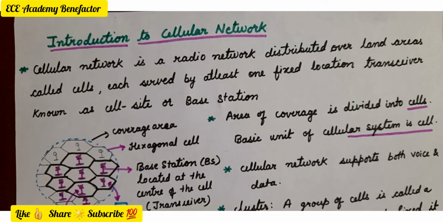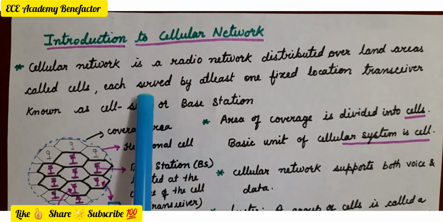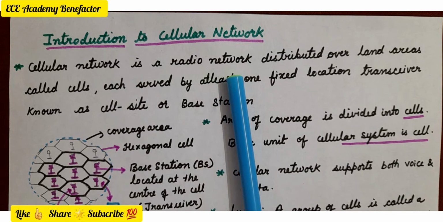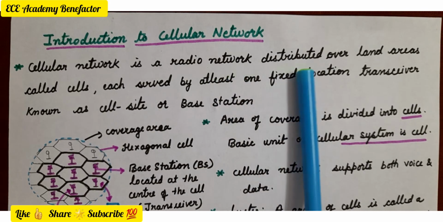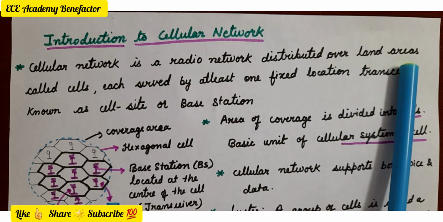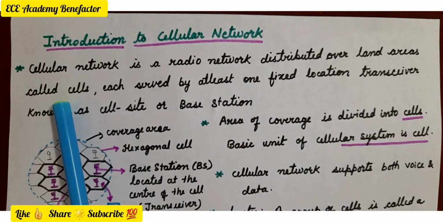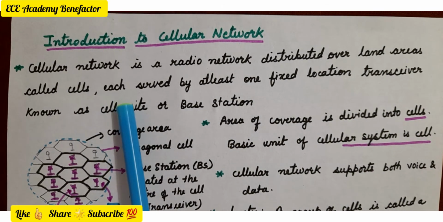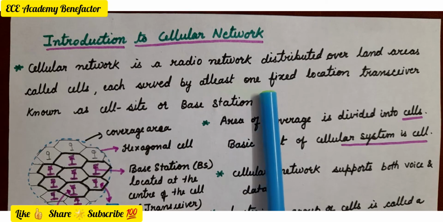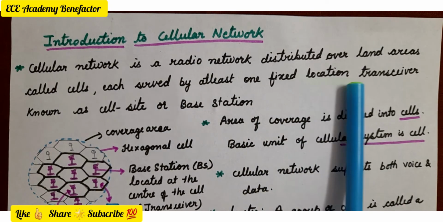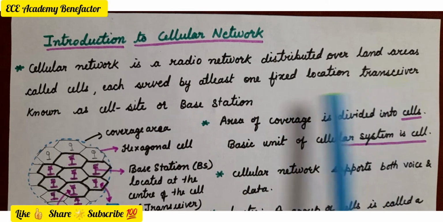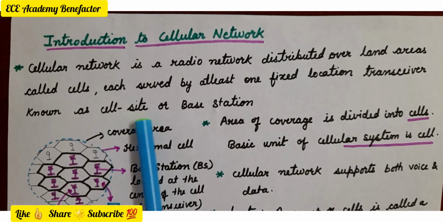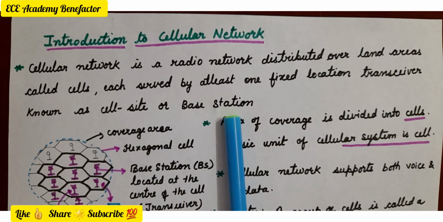Coming to the definition, a cellular network is a radio network distributed over land areas called cells, each served by at least one fixed location transceiver known as cell site or base station.